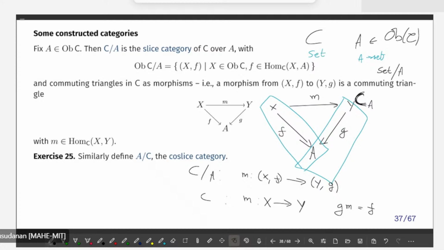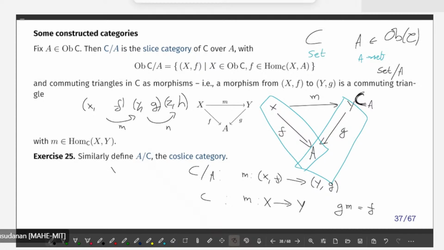The thing is, again, you have to check whether the axioms work. So suppose you have (X, F), (Y, G), (Z, H). These are three objects in this category. And suppose there are morphisms M from the first to the second, and N from the second to the third. Can you define their composition? That is the question. So what will it look like here?